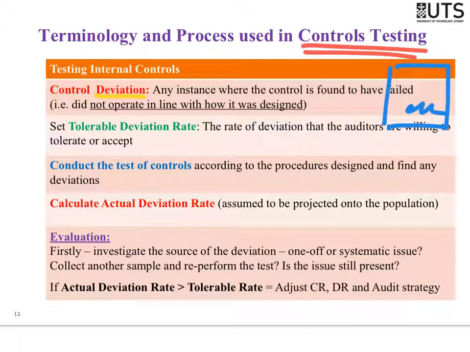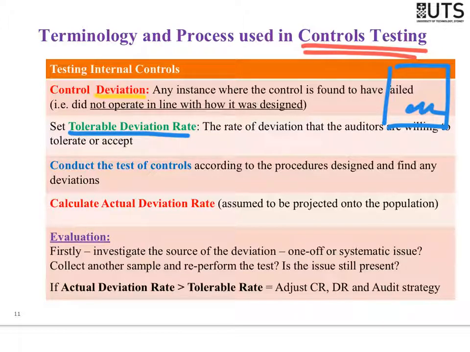Now, again, you haven't started the testing yet. Step 2, you need to set what is called a tolerable deviation rate. What does that mean? Ladies and gentlemen, you must determine what rate of deviation you are willing to tolerate or accept. So given the testing I'm about to do, what percentage am I willing to let go or accept of the control not working?